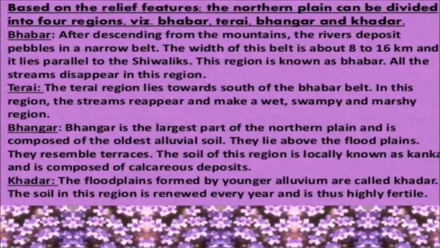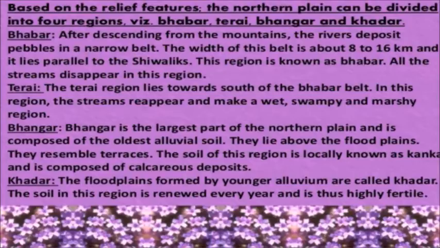On the basis of relief features, the northern plain can be divided into four regions: Bhabar, Terai, Bangar and Khadar. The northern plains are generally described as flat land with no variation in relief.